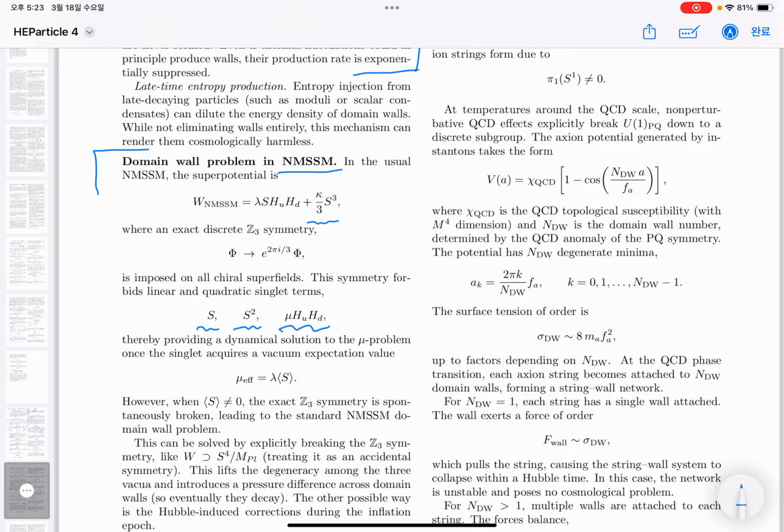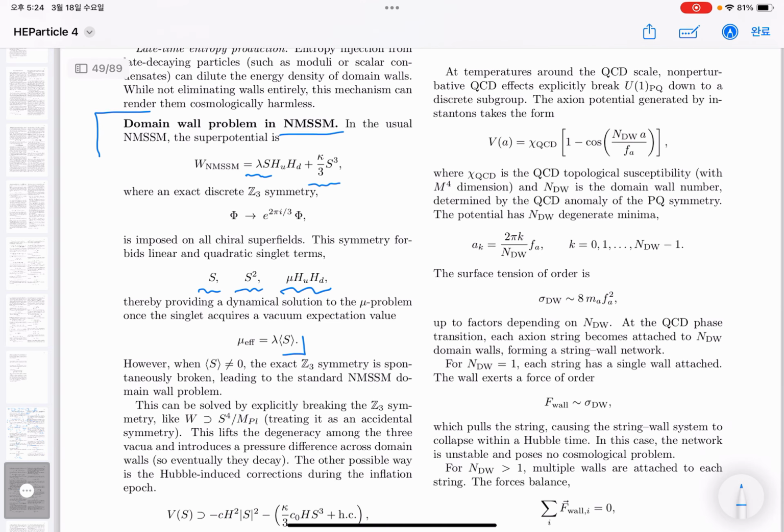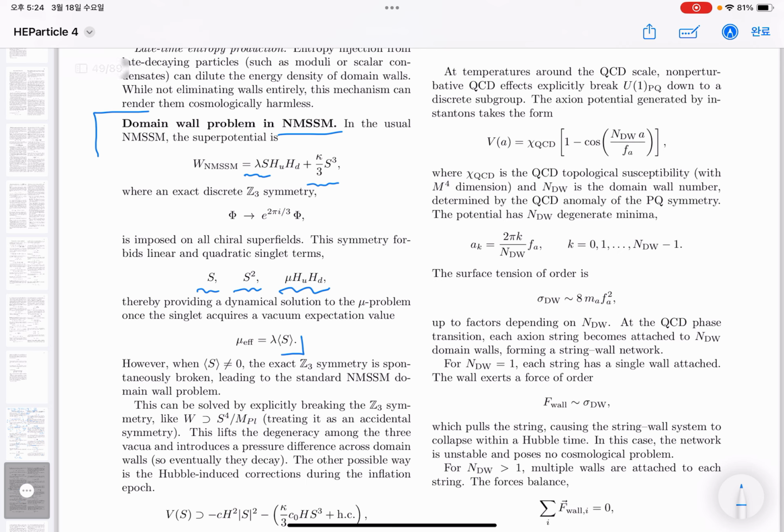And the mu term is generated by the vacuum expectation value of the singlet field S. So this becomes the dynamical solution of the mu problem. But when the singlet field gets the VEV, the exact discrete Z3 symmetry is spontaneously broken, and this makes the topological defect, which is the domain wall.